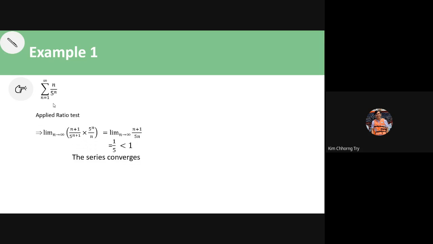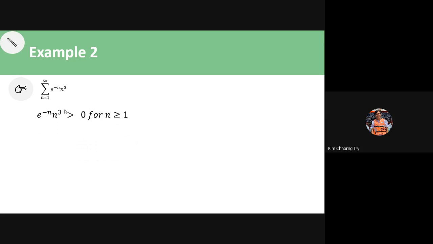Let's look at another example, the series sigma of e raised to the power of minus n with n cubed. We must make sure that a sub n is positive, or greater than 0. For n greater than or equal to 1, a sub n is greater than 0, so we can apply the ratio test by taking the limit.